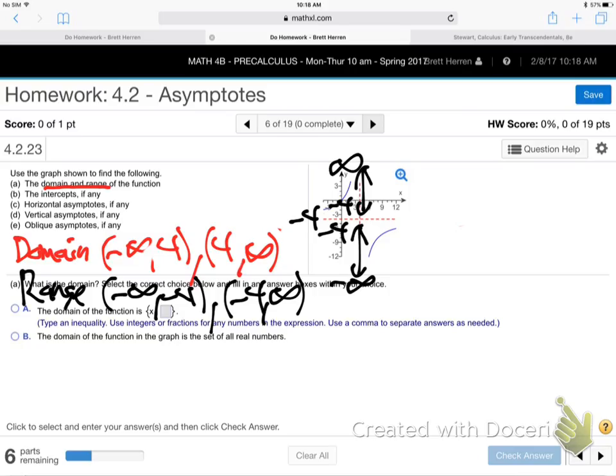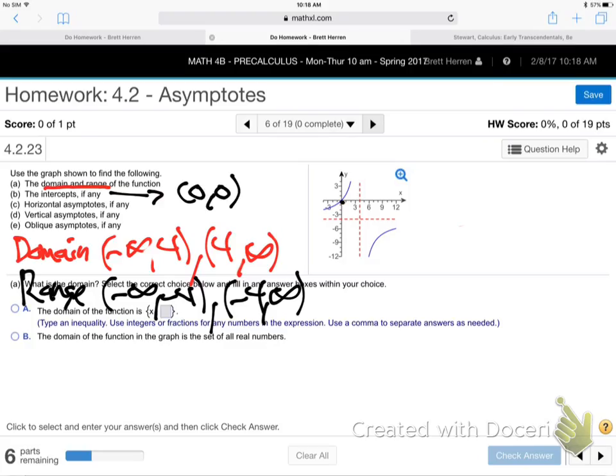Next is the intercepts. Where does it appear to hit the axes? Right there, and that's it: 0, 0. So the intercepts are just 0, 0. That was easy. Horizontal asymptote. Well, you see it right on the graph. There's the horizontal asymptote. It hits the y-axis at negative 4, so it's y equals negative 4.